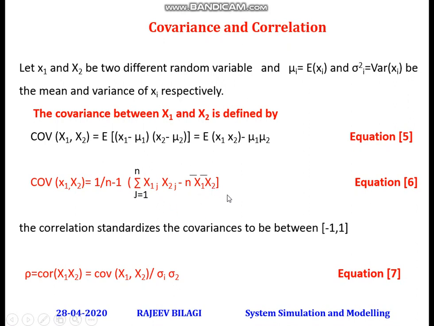You have to remember this. It will be more understandable when you solve a particular problem. This is how you find the covariance of x1 comma x2.